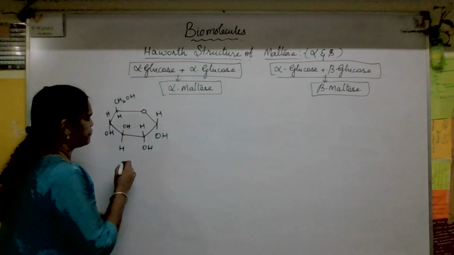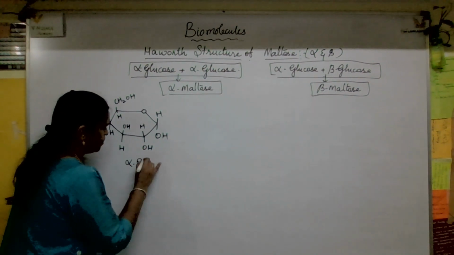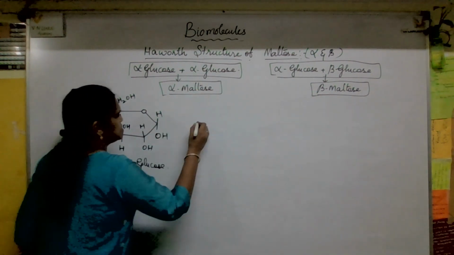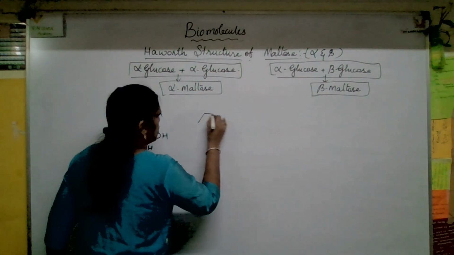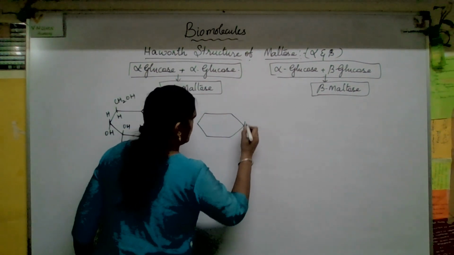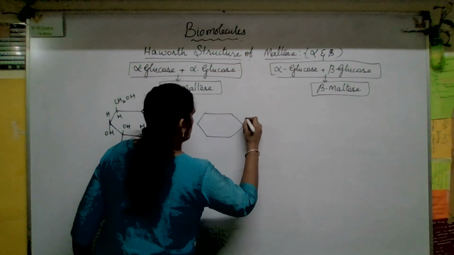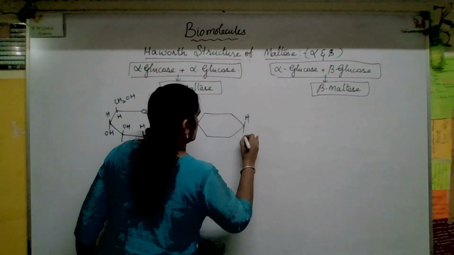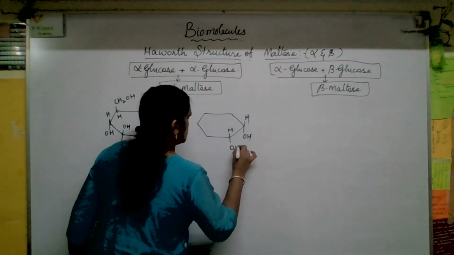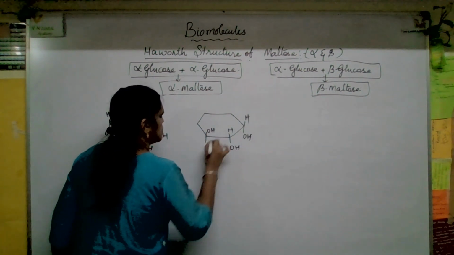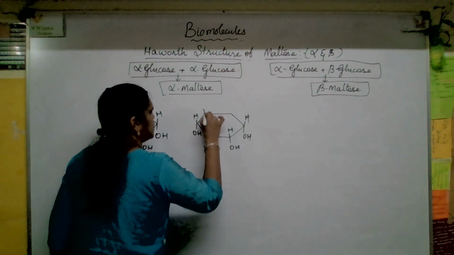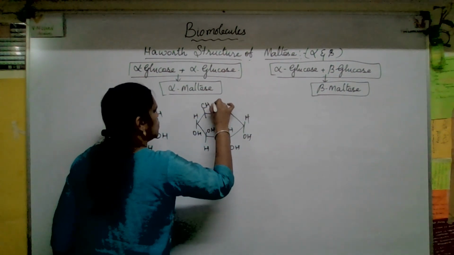So this is alpha glucose. In the same way, draw another alpha glucose. Here the water molecule is eliminated. Then H, OH here; H, OH here; OH, H here; H, OH here; and CH2OH.